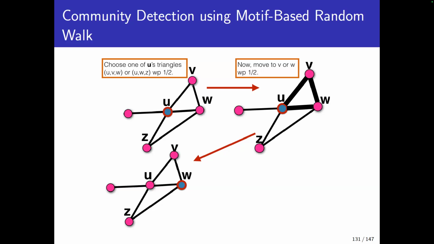So let's say I choose this one, and now I have V and W, and I choose, let's say, W with probability 1/2. So what you can see here is you're biasing the random walk somehow, right? This node that you had before probability 1/4 to go to in the standard random walk now has 0 probability, and node W has higher probability than any of the other 2. Why? Because it participates in 2 triangles together with node U.